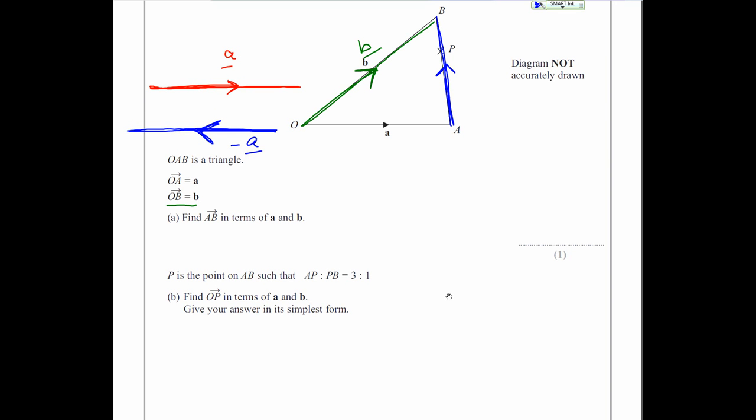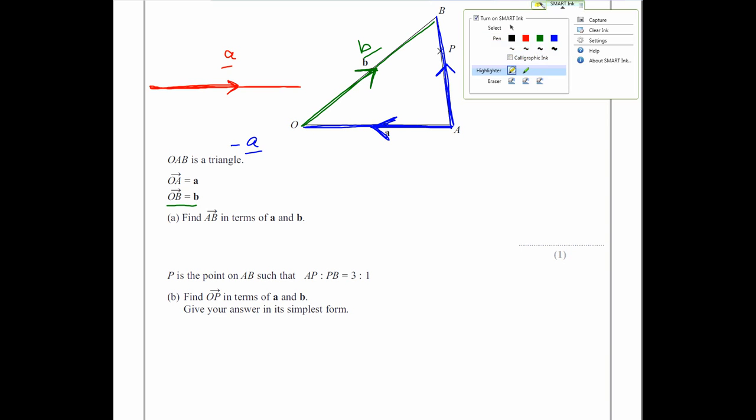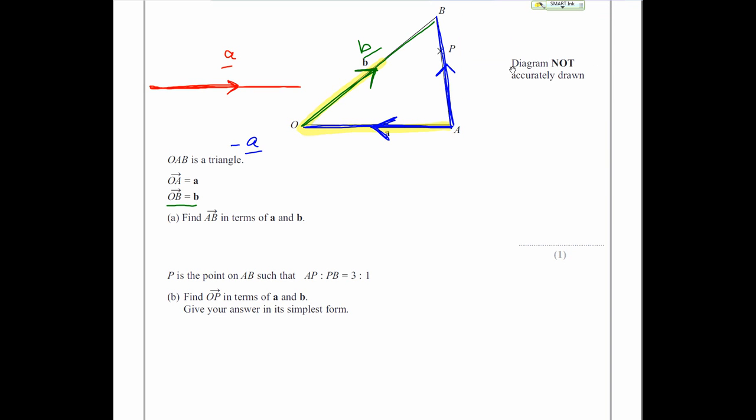Okay? So that's very important. So what we can do is we can go along and do minus a and then up b. And that will get us to where we want to be. Okay? So minus a plus b.